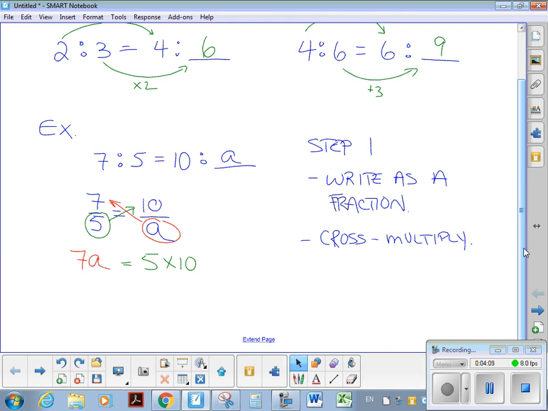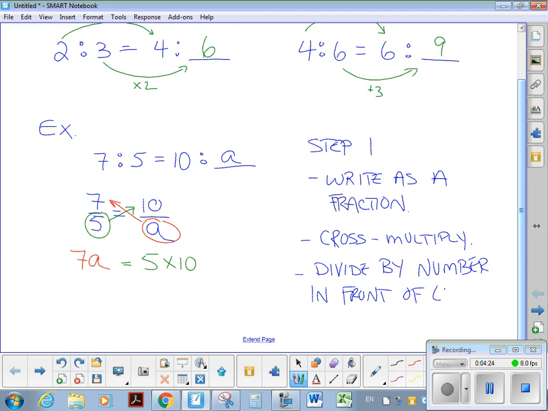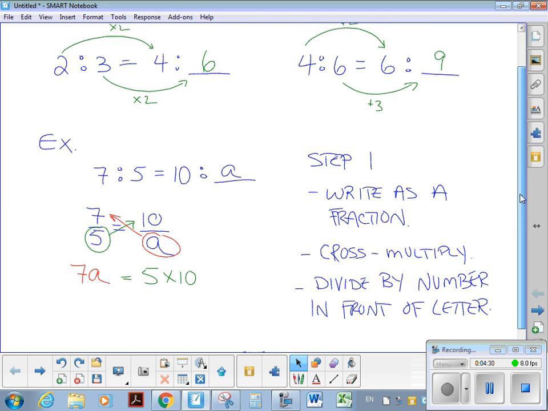All right, final step is divide by the number in front of the letter. This works 100% of the time. And let me reiterate again.